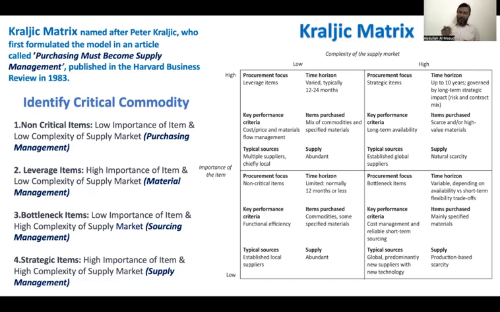And ordering that brand item takes a longer time because it is an imported item. For this kind of item, the production may not be entirely interrupted immediately, but there will be a bottleneck because of the shortfall of the facility. So these are the items that should be well taken care of by sourcing management.